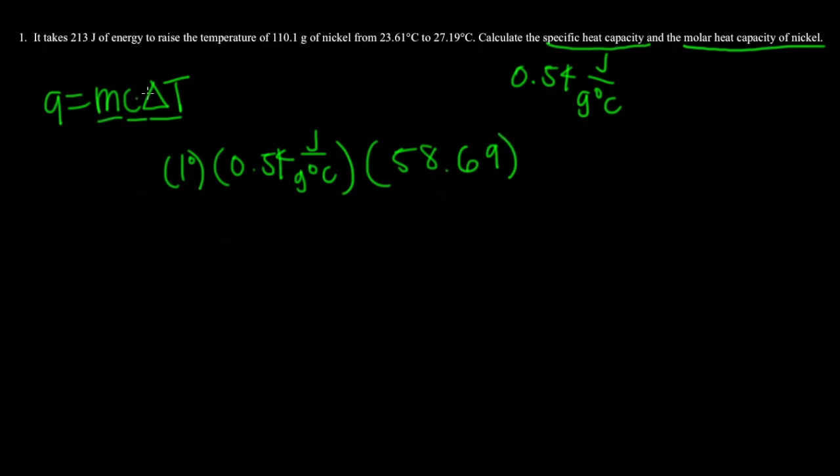So now that we have m, c, and ΔT, we can solve for Q, which is the amount of energy that's needed. And we can just multiply 1 by 0.54 by 58.69 to get a final answer of 31.71 joules. And so the molar heat capacity of nickel is 31.71 joules.